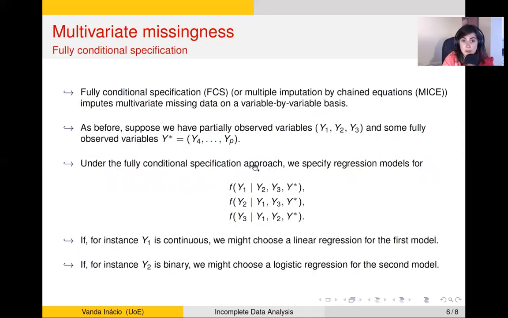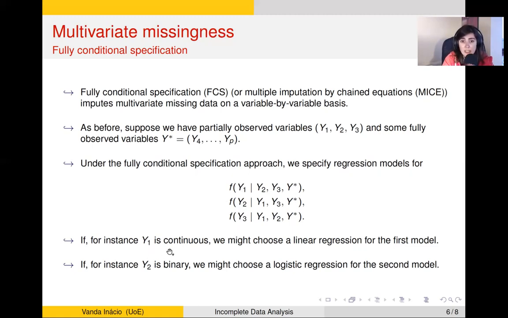Here, under the fully conditional specification, I look at variable by variable. So I specify a model for y1 given y2, y3, and y star, where y2 and y3 have missing values and y star has all the variables that are fully observed. Then I specify a model for y2 given y1, y3, and y star, and similarly a model for y3 given y1, y2, and y star. So I'm not using multivariate models. All these models are univariate, right? I only have one response for each of them.